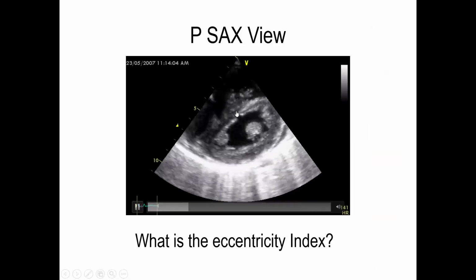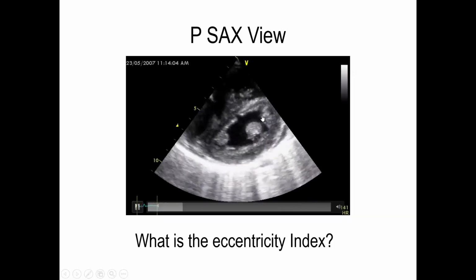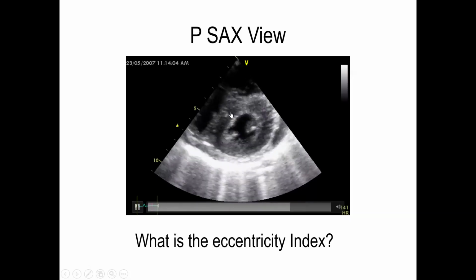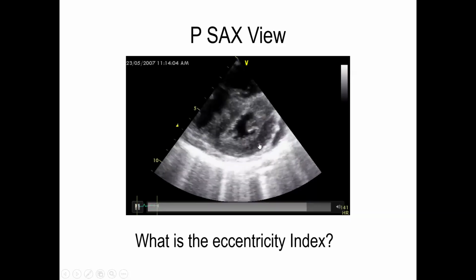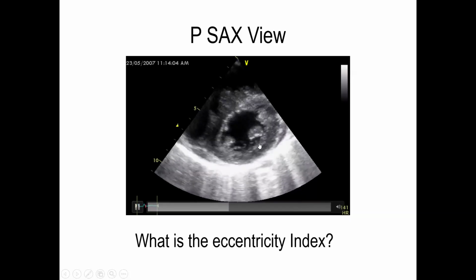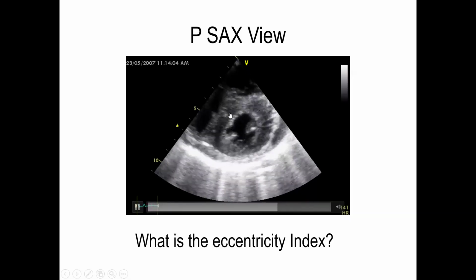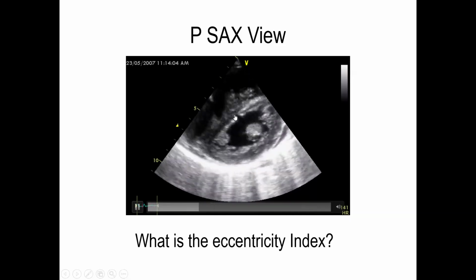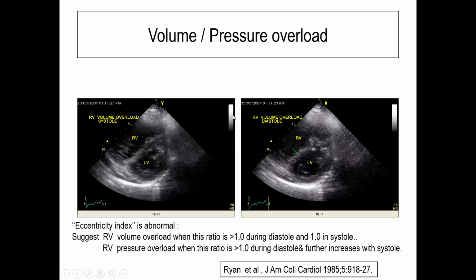D1 and D2 are equal when there is no pressure or volume overload. Over a period of time, D1 remains the same, while D2 starts becoming smaller and smaller, giving rise to a ratio of more than 1. In diastole it will be less, and in systole it will be more.